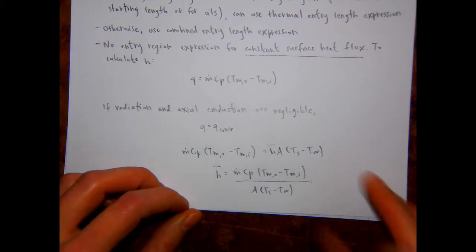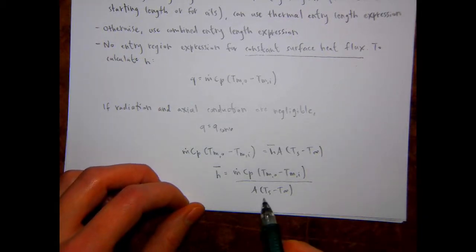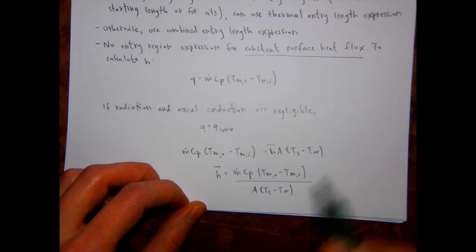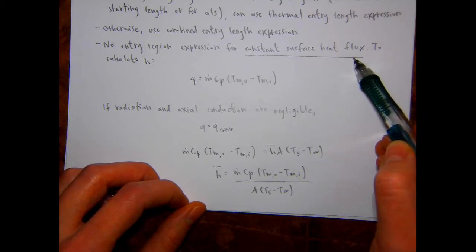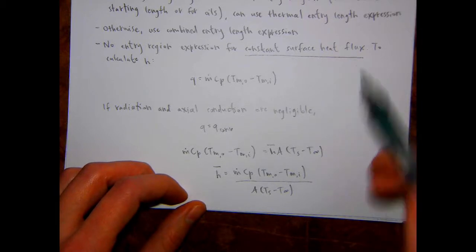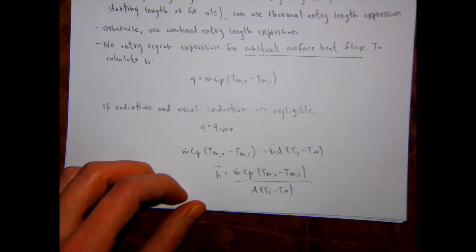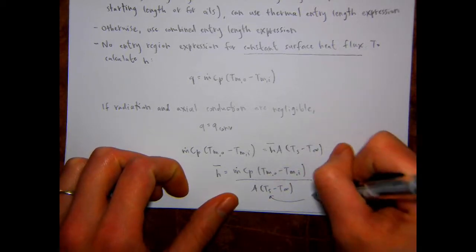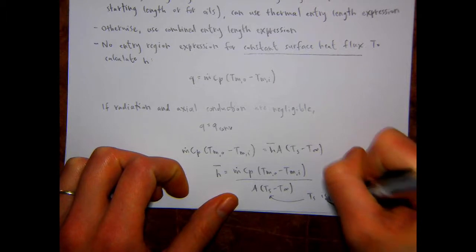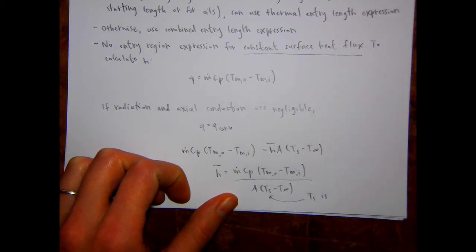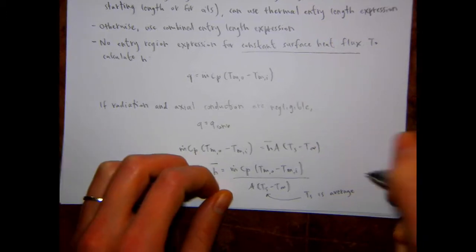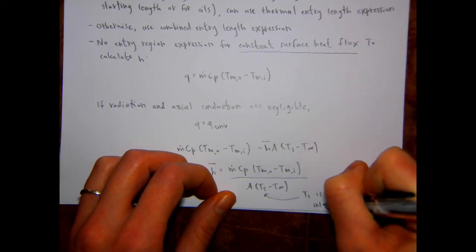So if we're calculating average h, then this surface temperature is going to need to be some sort of average value of the surface temperature. Because for a constant surface heat flux, the surface temperature is changing, but it's changing linearly with x. So this Ts is the average at the inlet and outlet.